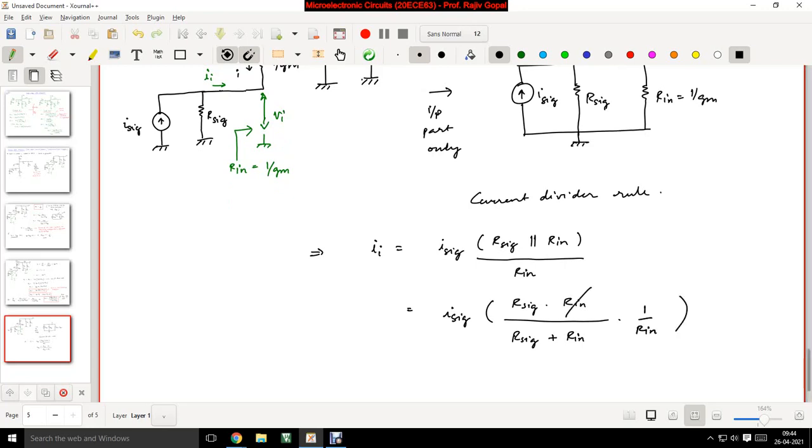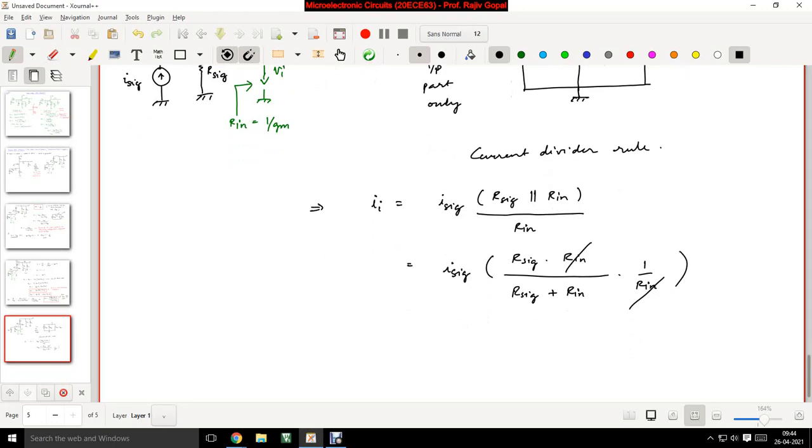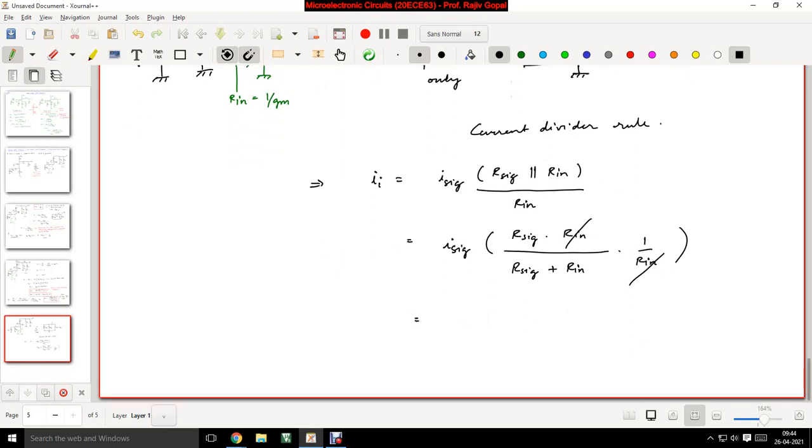Okay, this Rin will get cancelled. So finally Ii is I signal into R signal divided by R signal plus 1 by Gm.